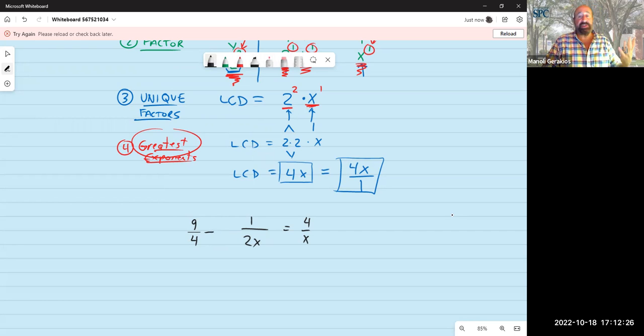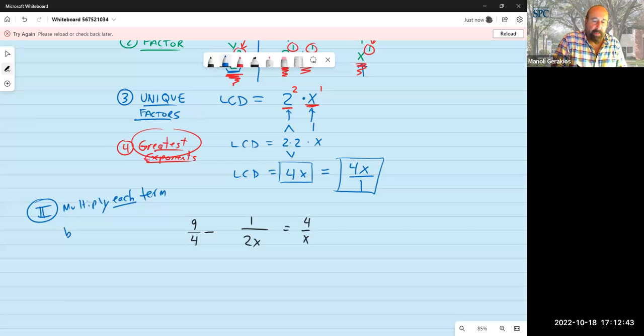So if the first step was find the LCD for eliminating fractions, then the second big step is multiply each term by the LCD. This is the second big step of eliminating fractions from any equation.